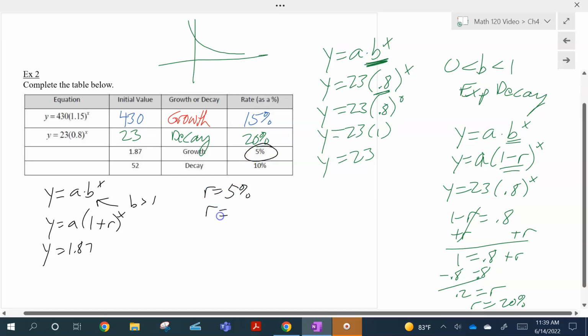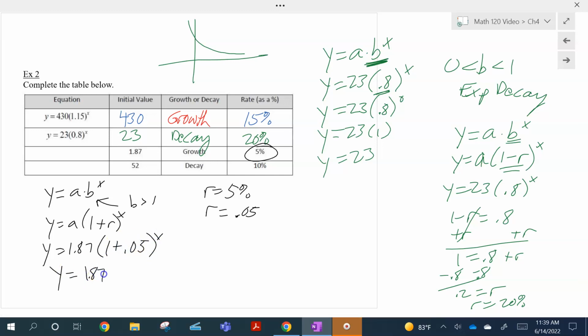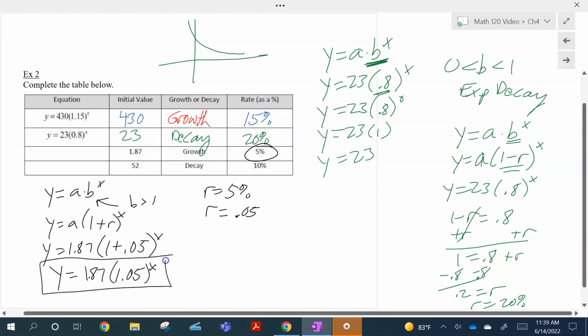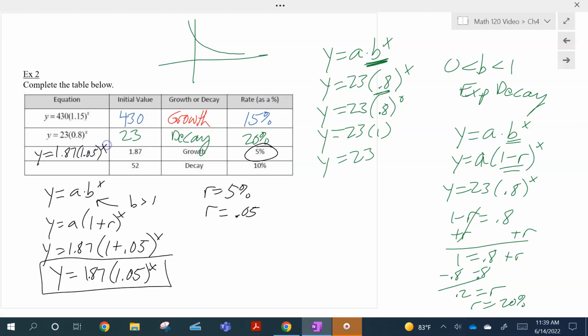So r is 0.05, 5 per 100. So here's your equation: 1.87 times 1.05 to the x. That would be an exponential growth with a growth rate of 5%.